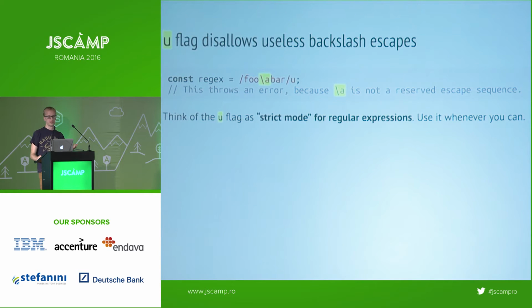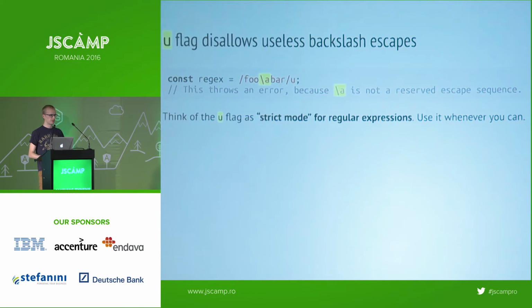So you don't need to do that. You can just use the A character itself, and it doesn't do anything special. So if you try this in a regular expression with the U flag, it will now throw an error. So you can think of the U flag as kind of a strict mode, but for regular expressions specifically. And for that reason alone, I think that's a very good reason to start using this U flag whenever you can.